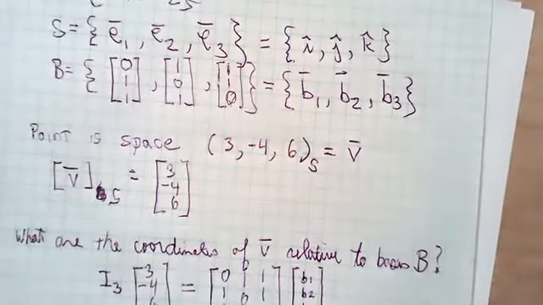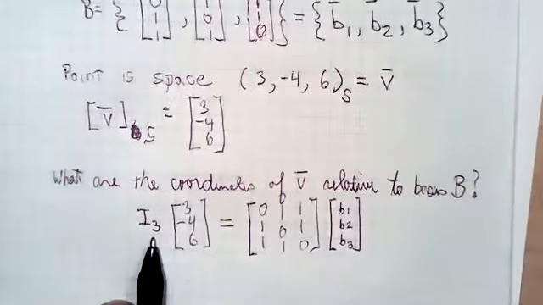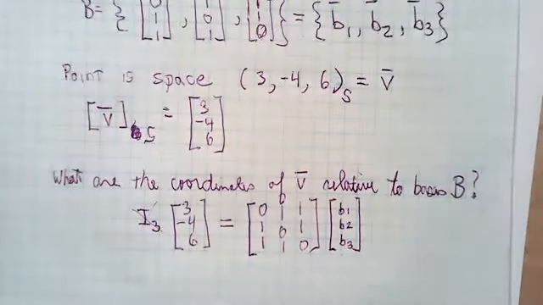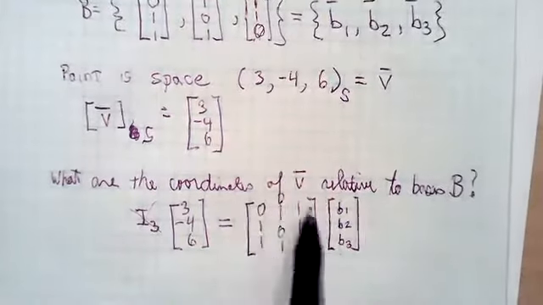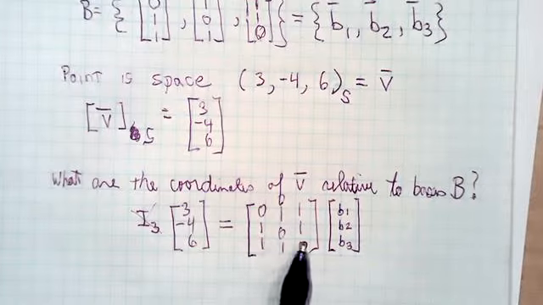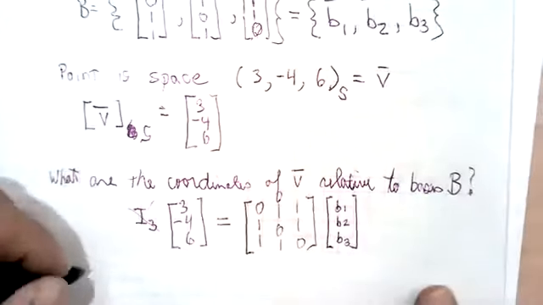Well, multiplying by the identity does a total of nothing, so you just kind of ignore this. If, however, I could invert that matrix, and I can, you can always invert a matrix whose columns or rows come from a basis. They're automatically linearly independent.